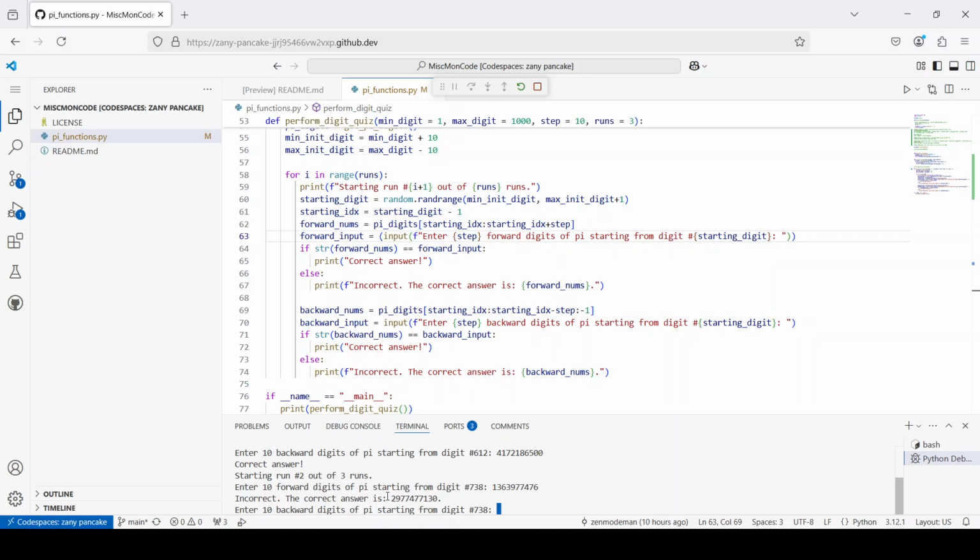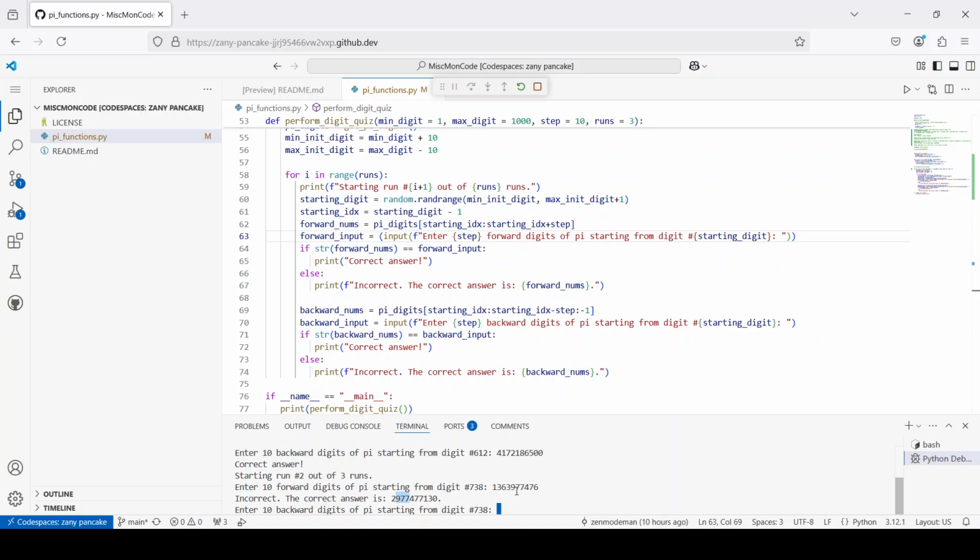Wait. Wait, where? Four digits. Wait. 2, 2, 4. Okay, I guess, wait, so I did get it wrong then?